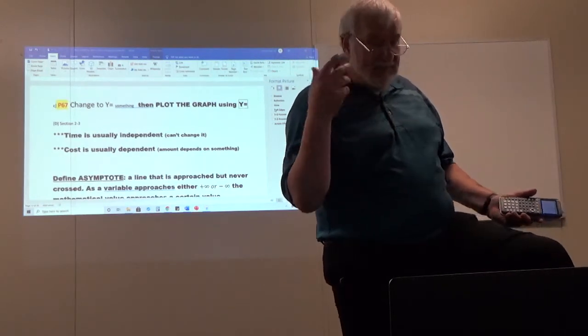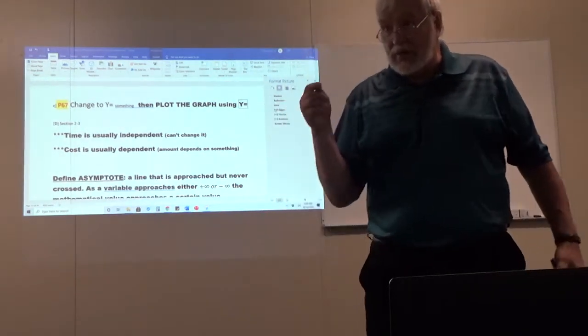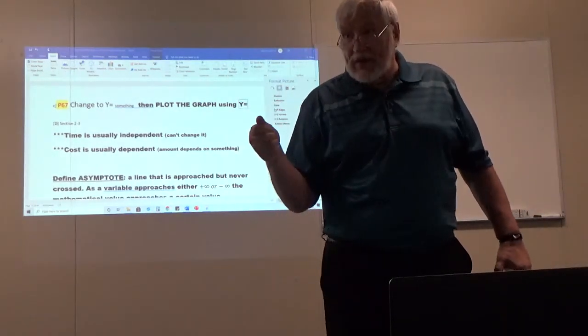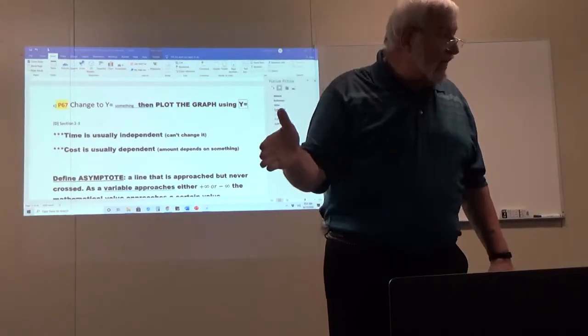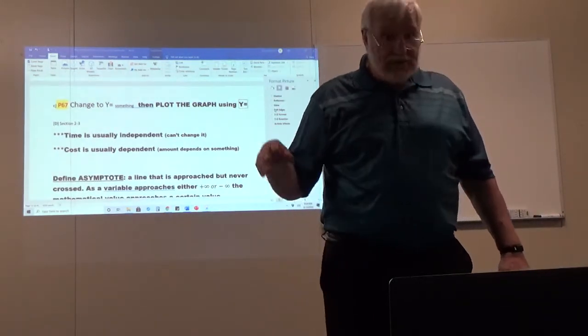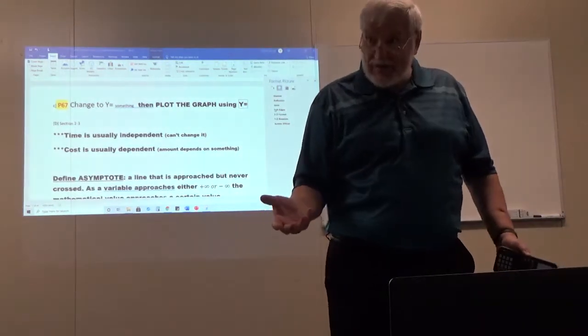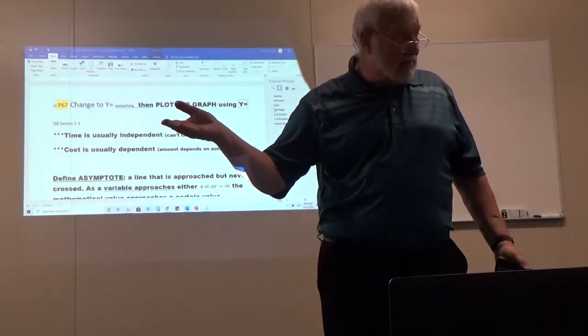All right, and same thing with number. The number of something will be on the x-axis, and what you do with the number will produce the value of the y-axis. And so a lot of times counting how many, like how many hours, that's usually independent because it's time.